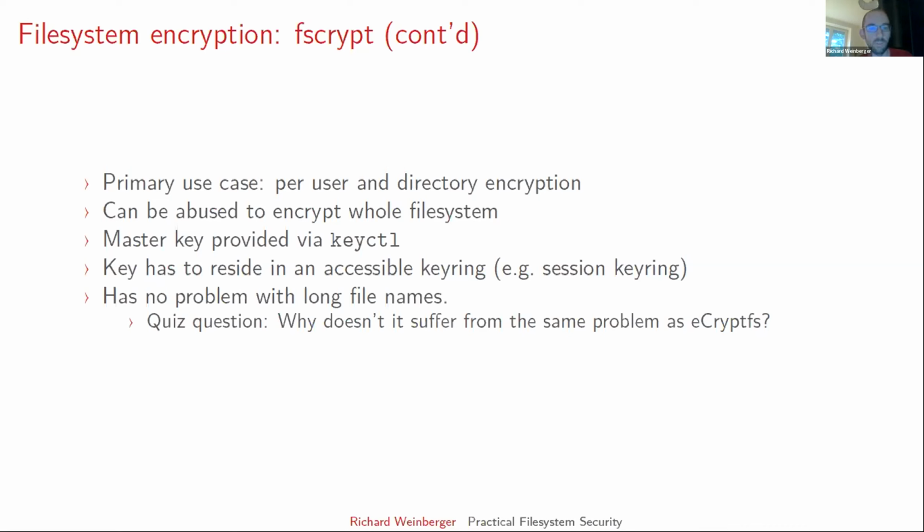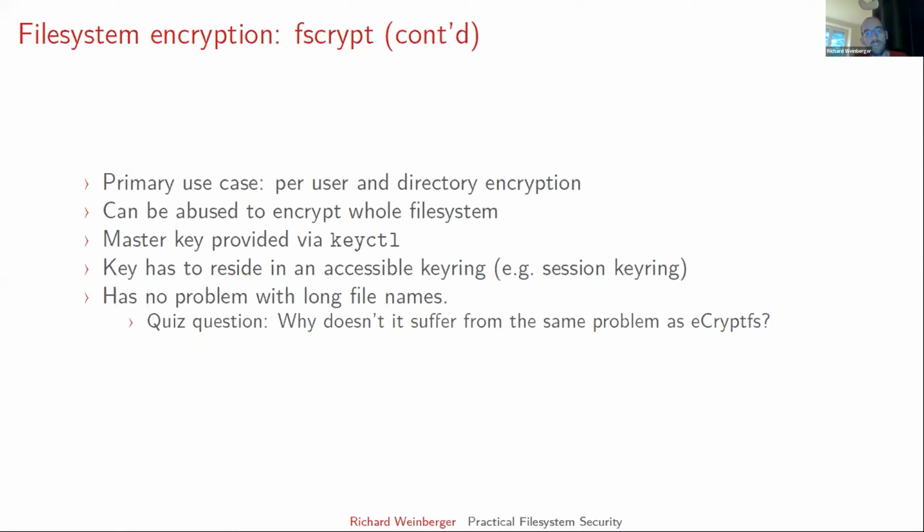And so we decided a few years ago to implement it there, and commonly on UBIFS you use it for the whole root file system. The main mode of operation is that you mount the file system and then provide a master key using the keyctl command.